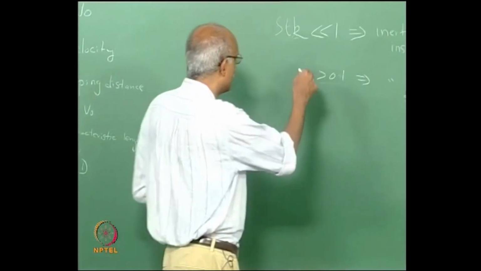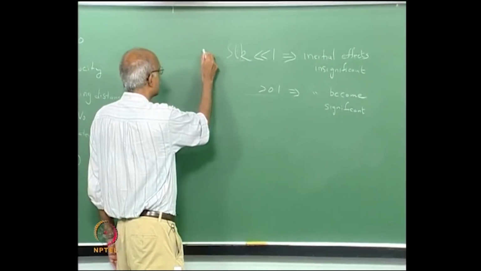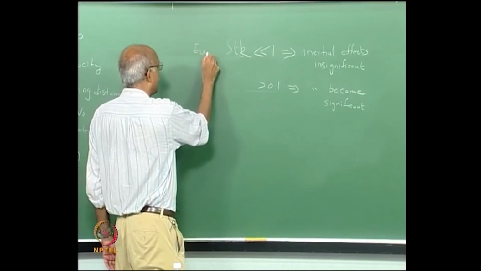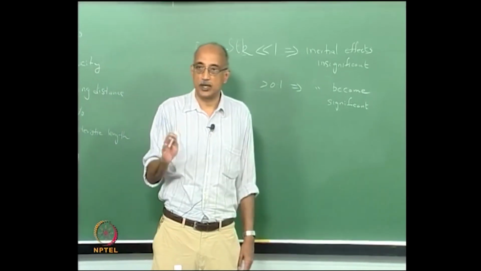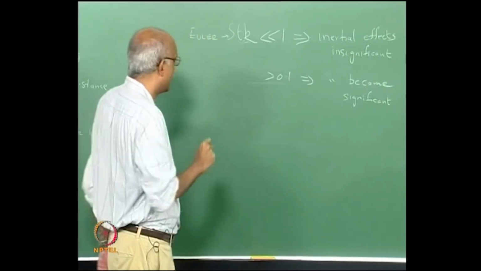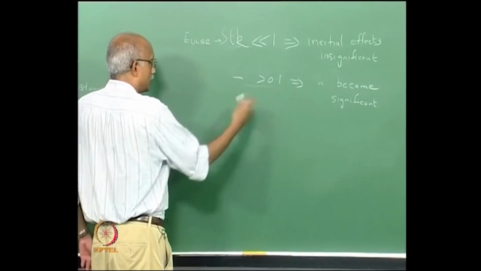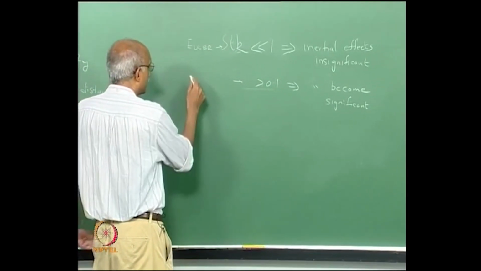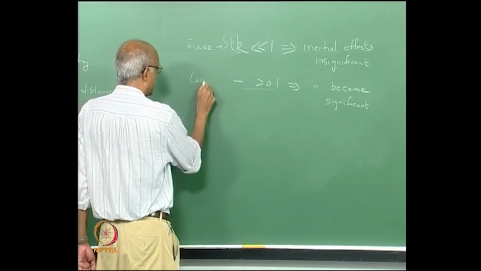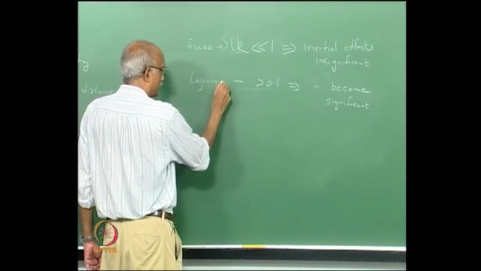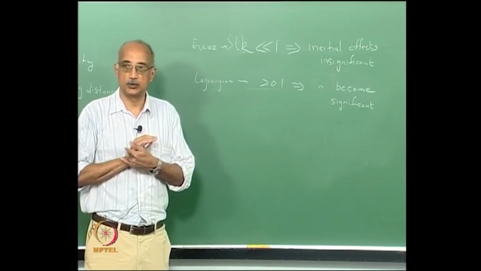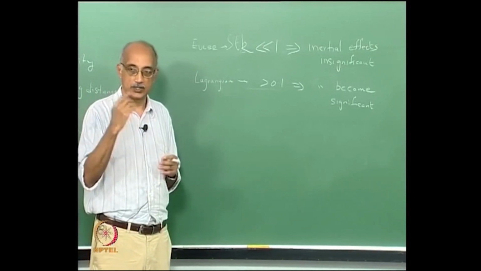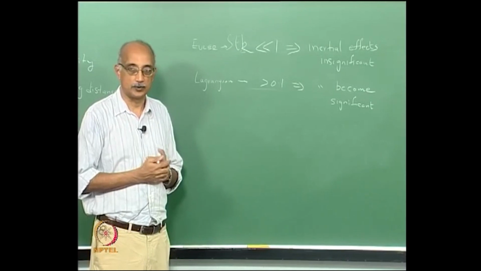So, the Stokes number much smaller than 1 lends itself to the Eulerian approach, where you do not consider the particle phase separately. However, once the Stokes number exceeds 0.1, you have to use the Lagrangian analysis, where individual particle trajectories have to be tracked in order to describe the dynamics of particle transport in the problem.